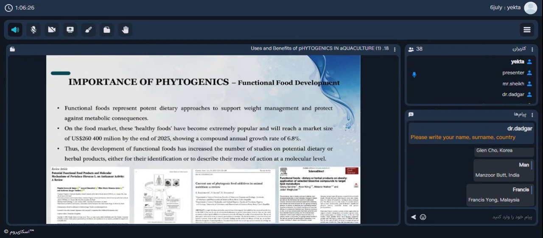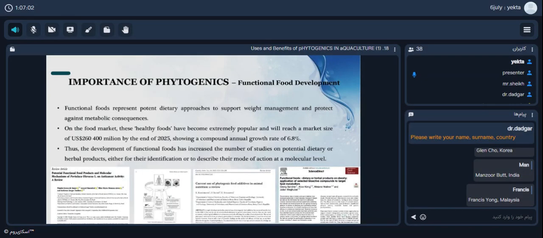And then functional food development. This is a very interesting topic. How can we describe this? Our animals are consuming a kind of formulated food, and that animal, or the animal product, take the example of milk or egg or even shrimp, fish, has properties which can help protect against certain diseases in humans.